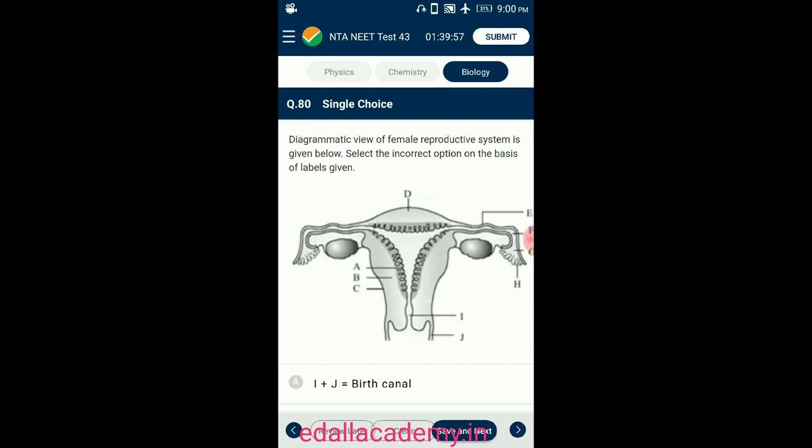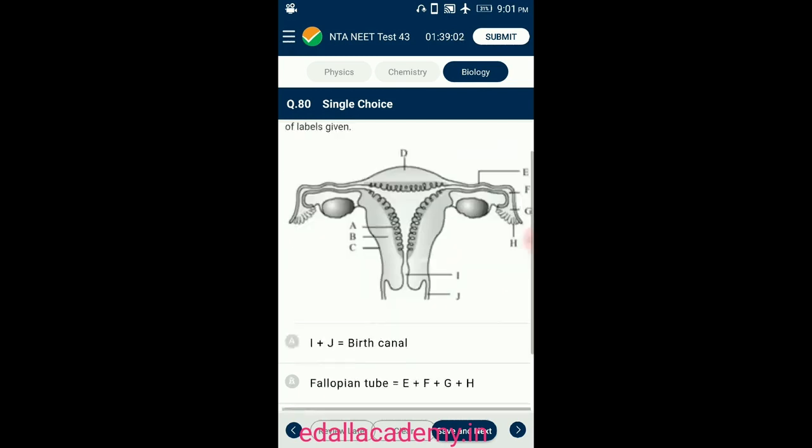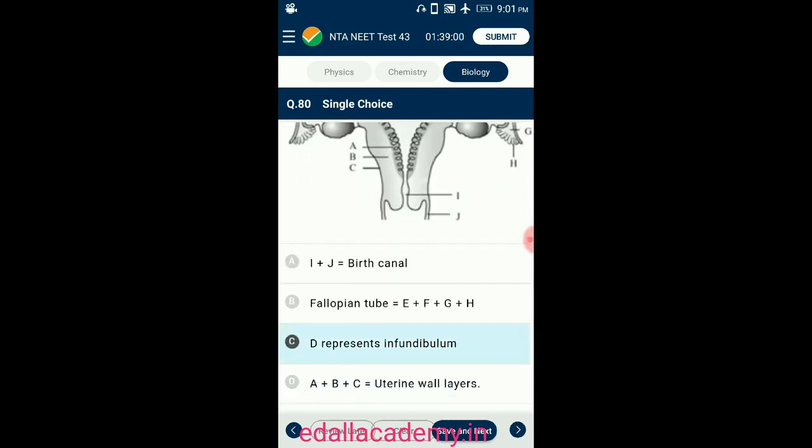E represents isthmus, that is also correct. G infundibulum, that is also correct. H fimbriae, that is also correct. I cervical canal, that is also correctly given. J vagina. So except D, everything else is labeled correctly. So the answer for this question is option C.